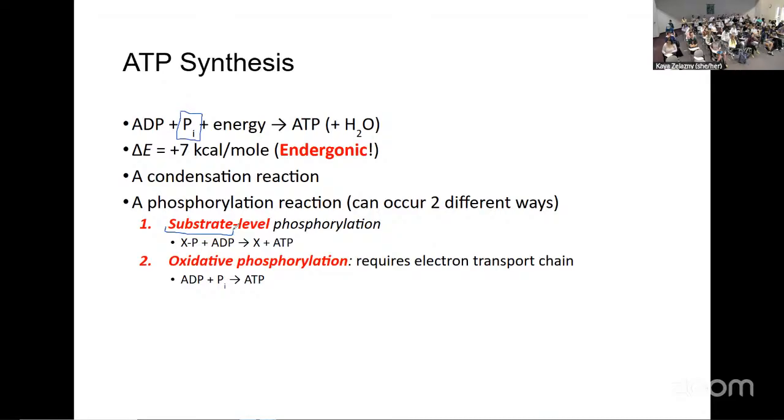The other way that we can do phosphorylation, the other way we can add on a phosphate group, is through oxidative phosphorylation. So in oxidative phosphorylation, we're thinking redox reactions, except we're not in chemistry. We're going to remember that oxidative phosphorylation is really the step that's going to come at the end of aerobic cellular respiration.